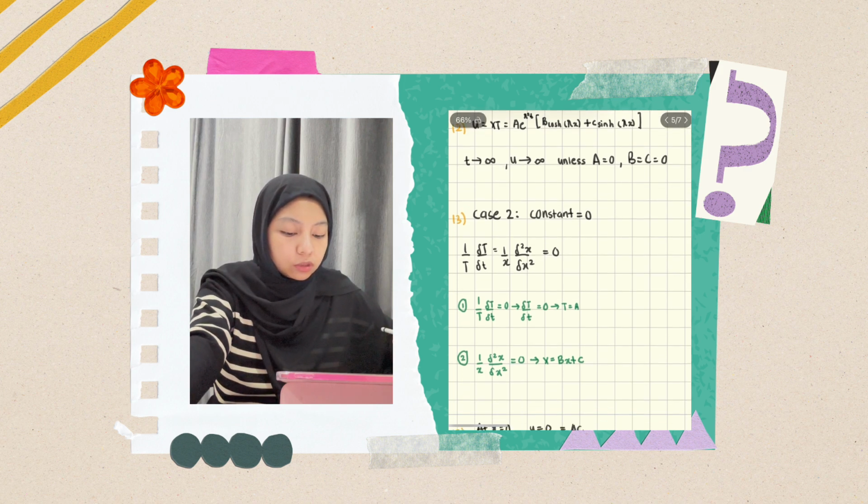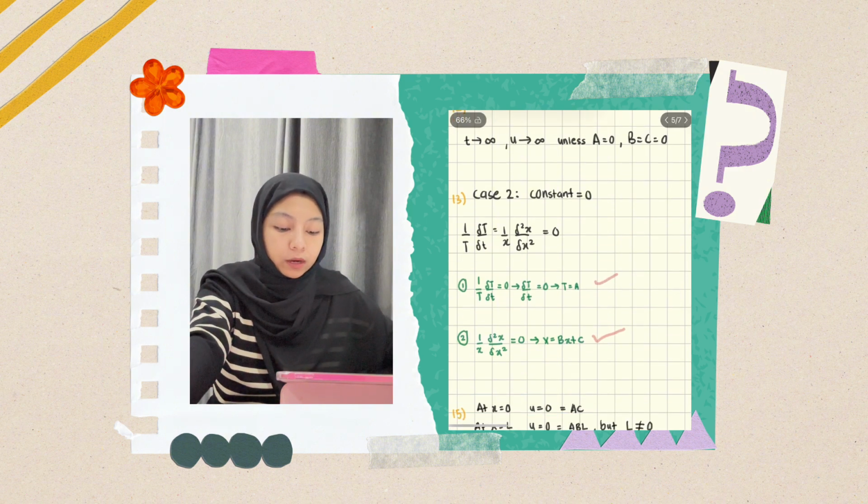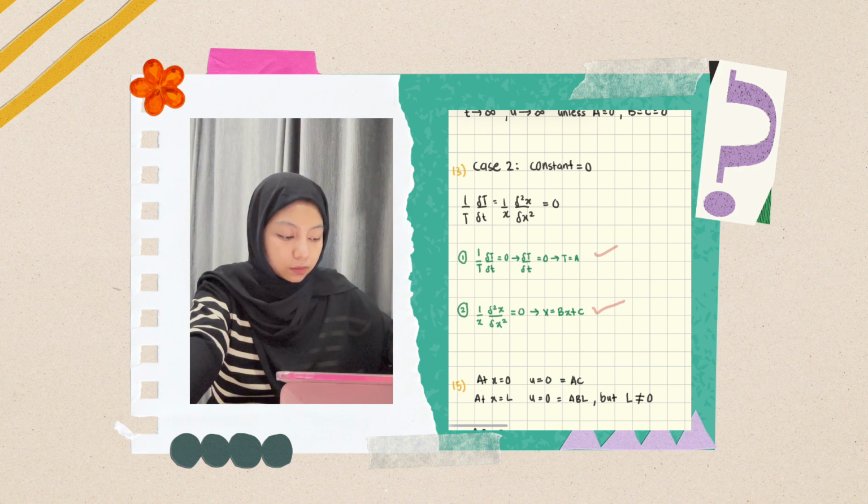The separated differential equations will become like this. Then once again, we can break up the equation into two expressions, one is this and one is this. And then we can write u down as a times bx plus c.